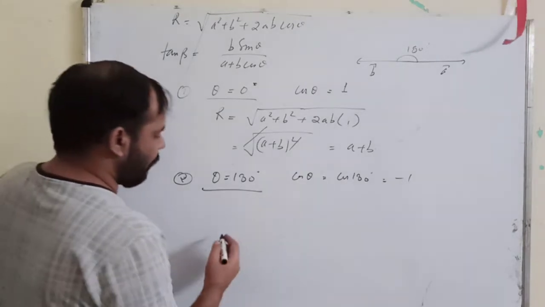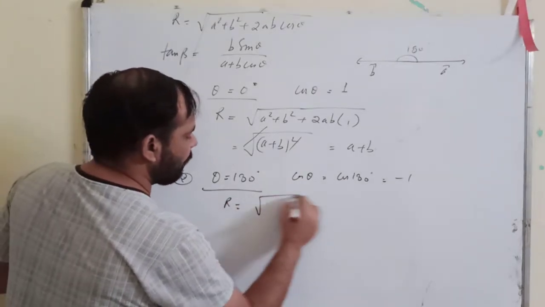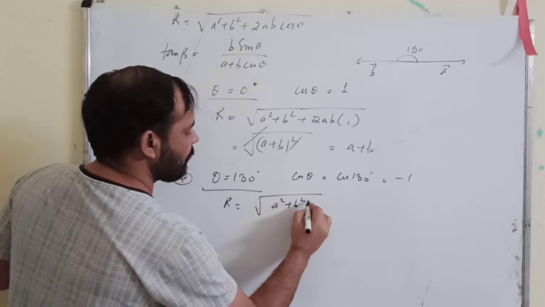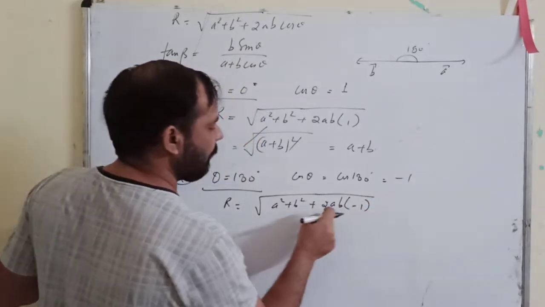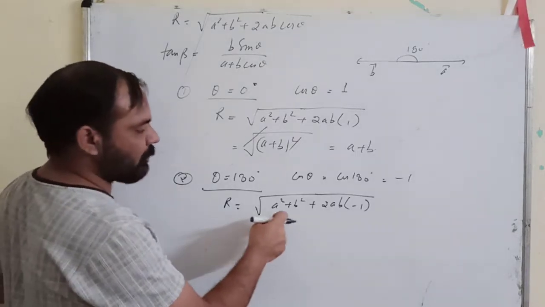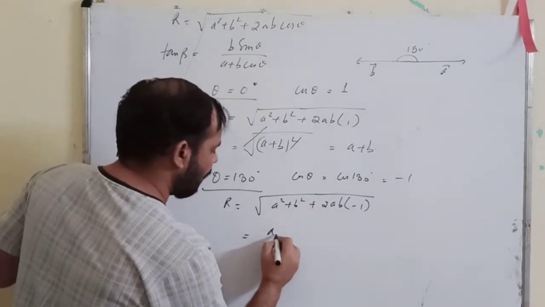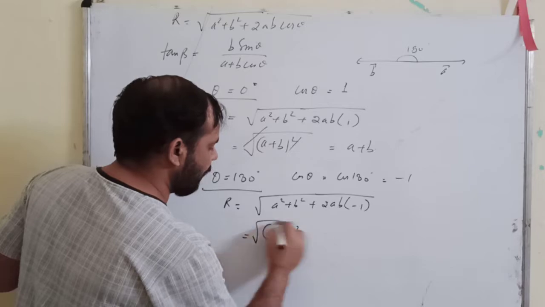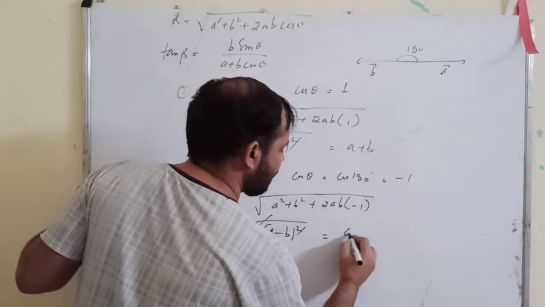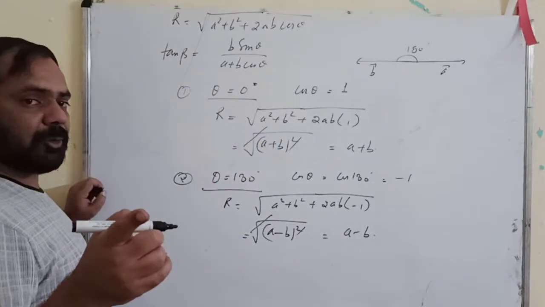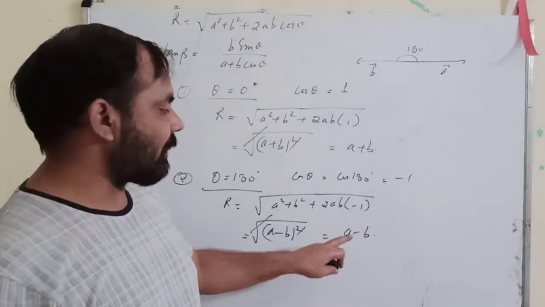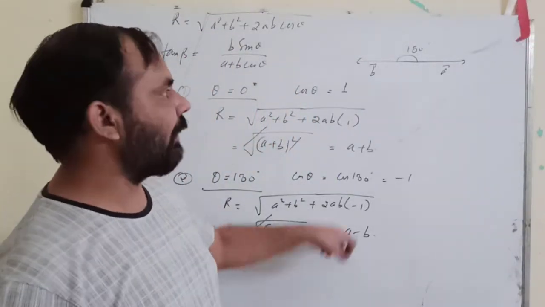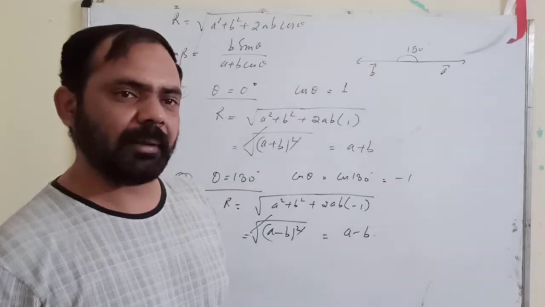So R is equal to the square root of A square plus B square plus 2AB into minus 1. This will make it minus 2AB. So A square plus B square minus 2AB is A minus B whole square. The square and square root cancel, giving A minus B. So how do you add the vectors? Actually by subtracting. The subtraction will give you the addition if your vectors are opposite in direction.